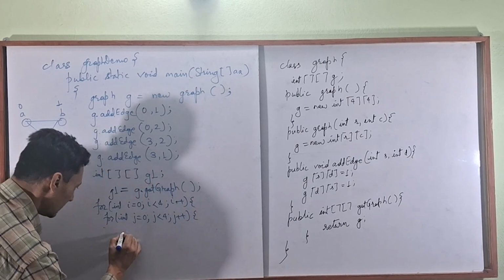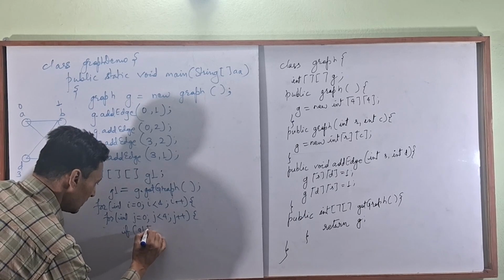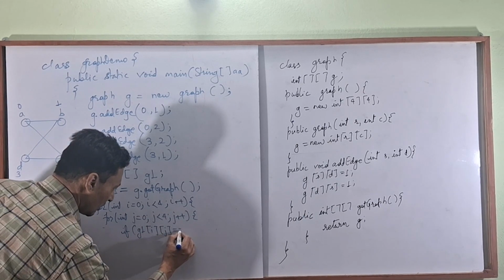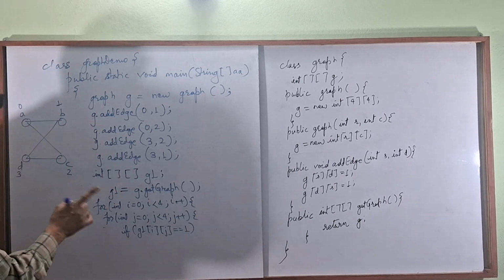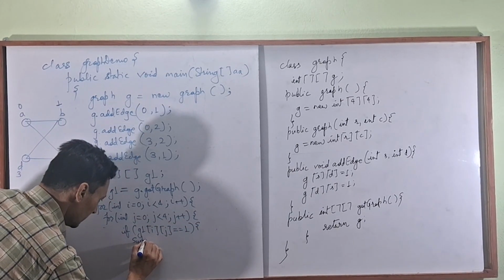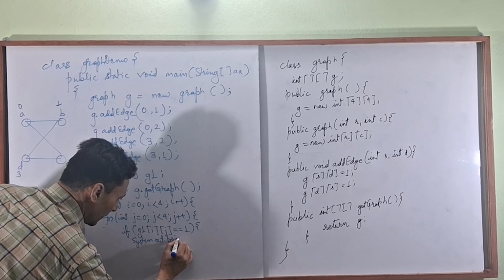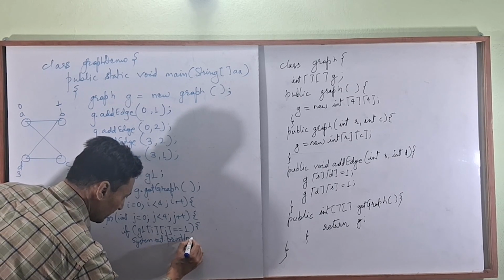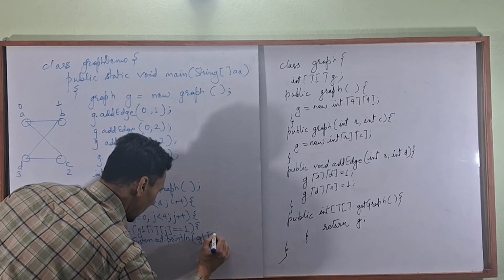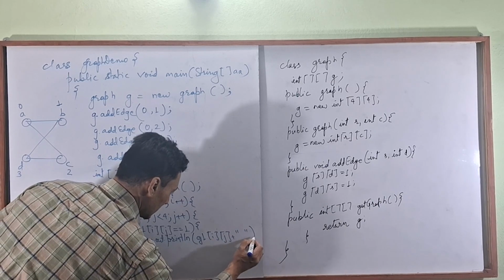Now we have to check if z1 i j is equal to 1, then we will be displaying. Okay, System dot out dot println z1 i j plus, okay, one space less.